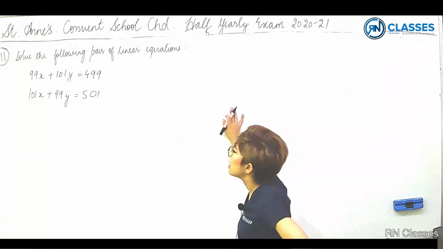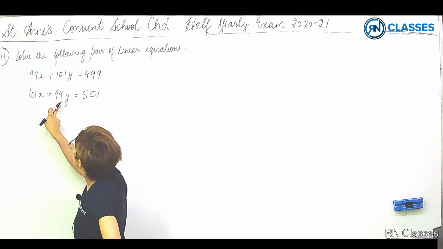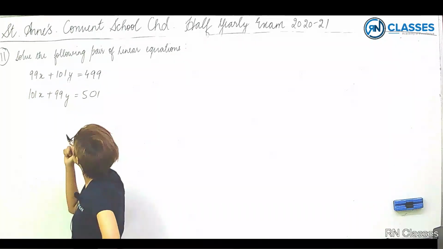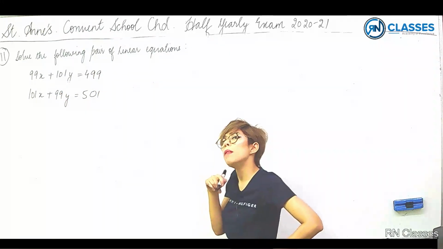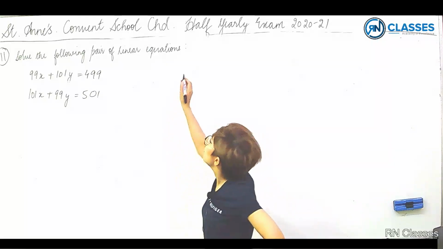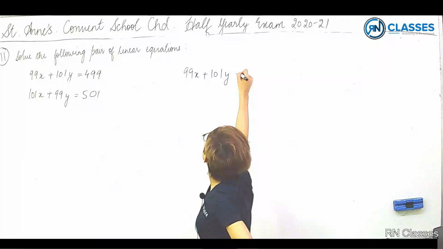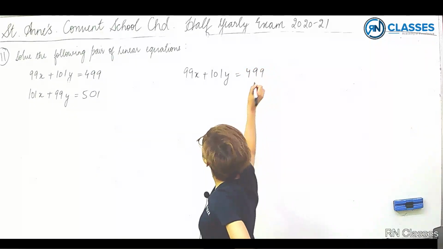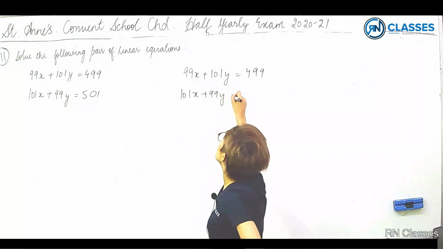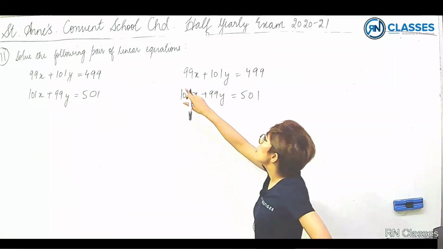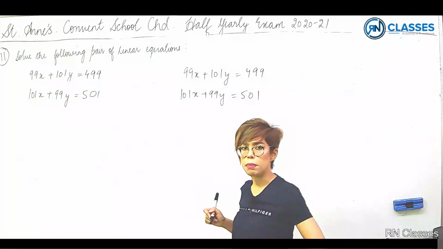So, what can we do? If you notice, 99, 99, 101, 101. Maybe if I add the 2 equations, it will help me out. Let's see. My equations are 99x plus 101y equal to 499, and 101x plus 99y equal to 501. Since the coefficients are like these, I will add the 2 equations and let's see what happens.